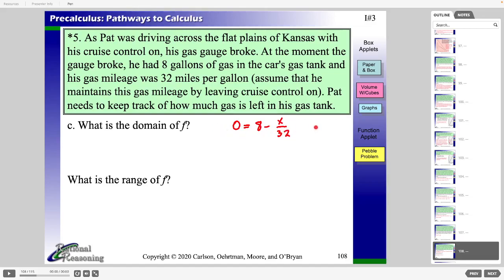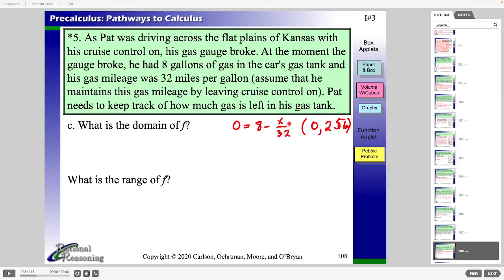So x can be anything from, and again, x is number of miles, so it could be 0 miles up to 8 times 32. See, 8 times 2 is 16, 8 times 3 is 24. So that'll be 256. So that's the number of miles we can drive.